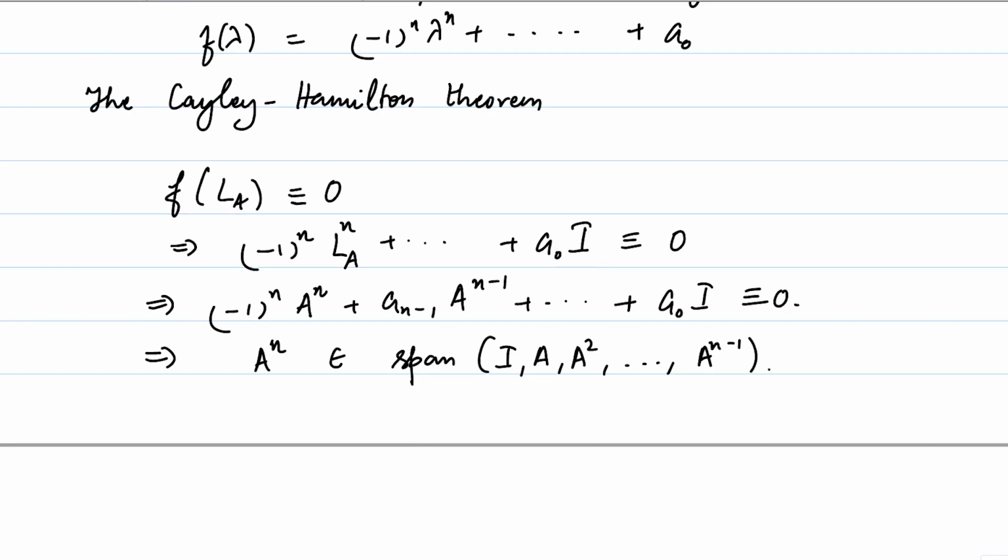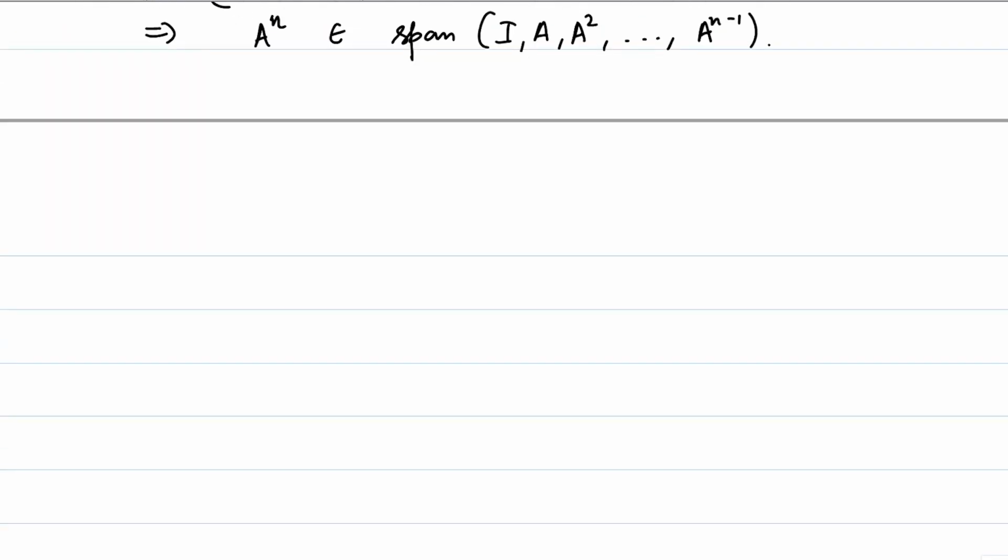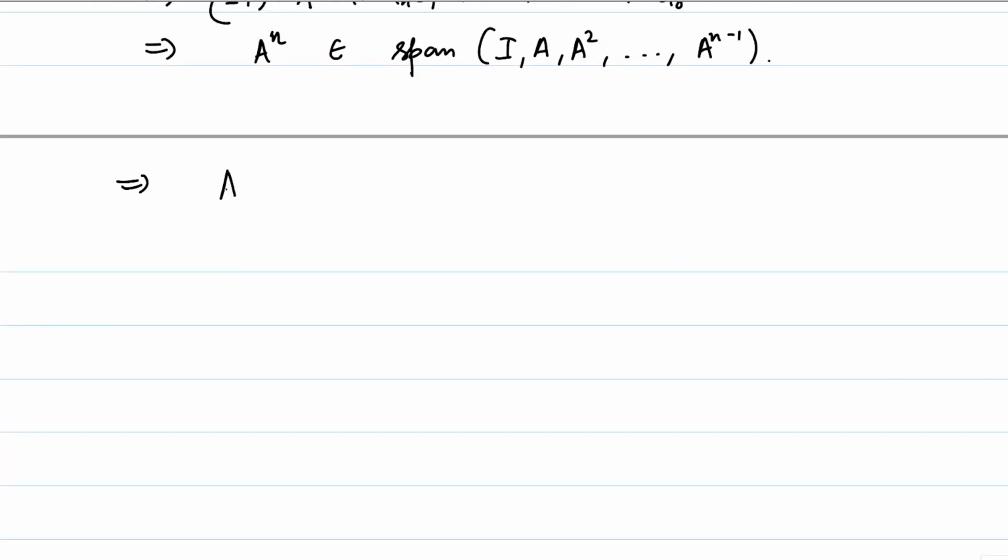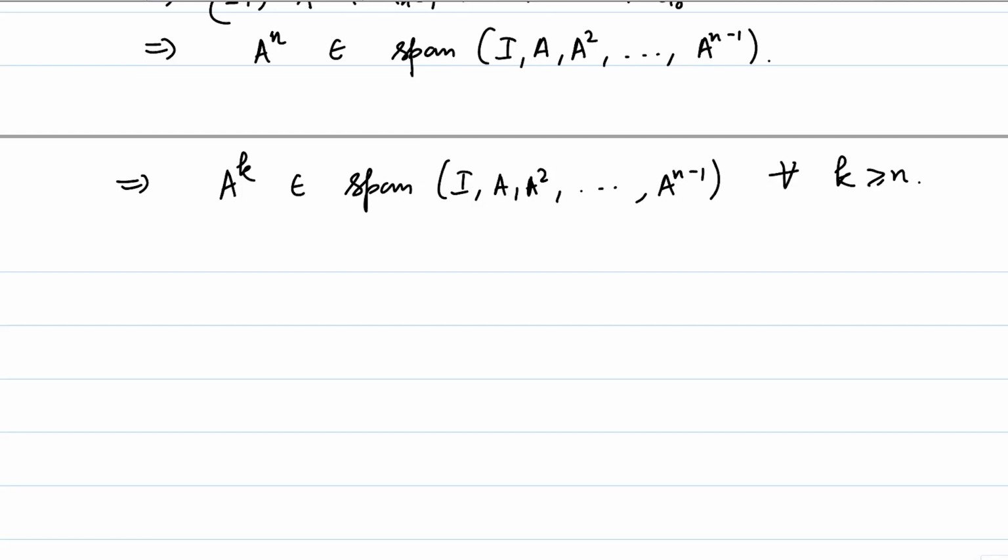But that implies that A to the power k belongs to the span of I, A, A square up to A to the power n minus 1 for all k greater than or equal to n, which implies that W is contained in the span of I, A, A square up to A to the power n minus 1.